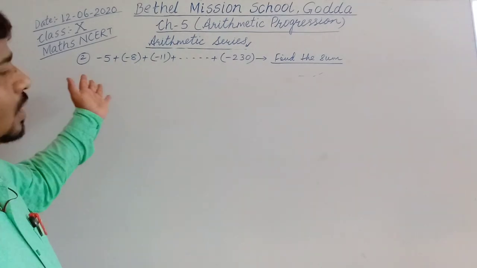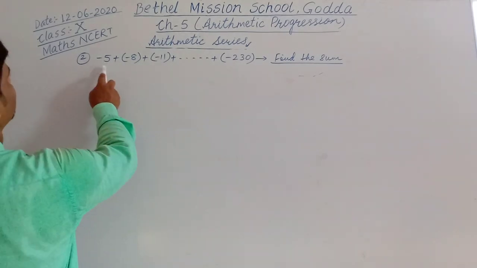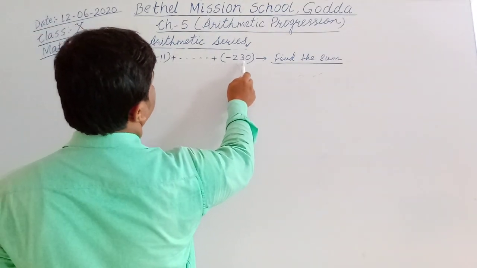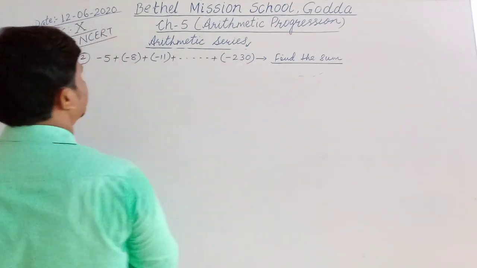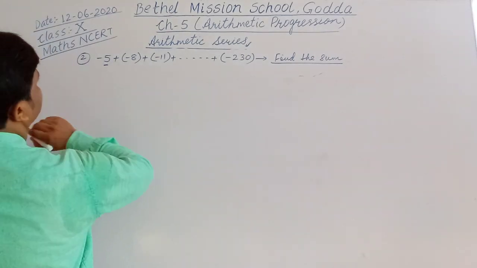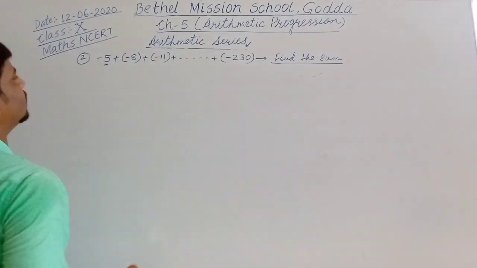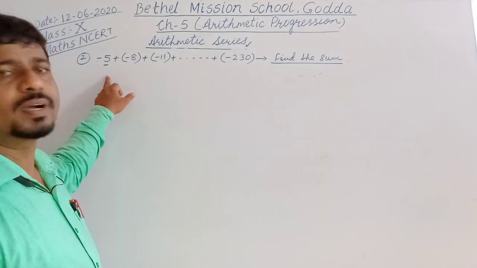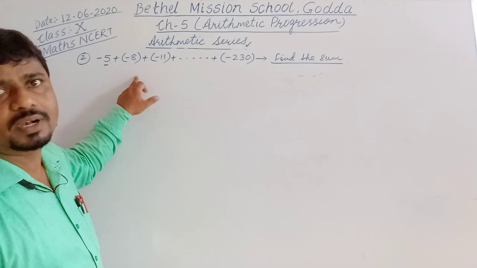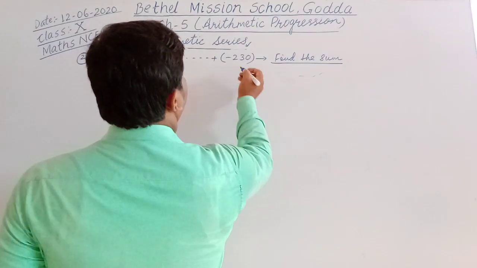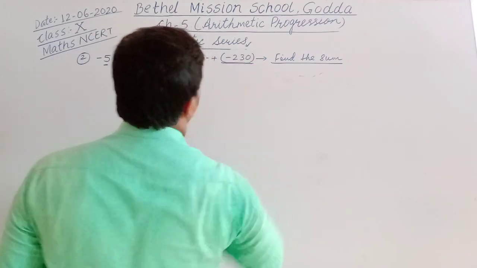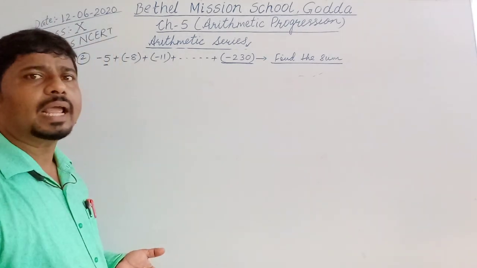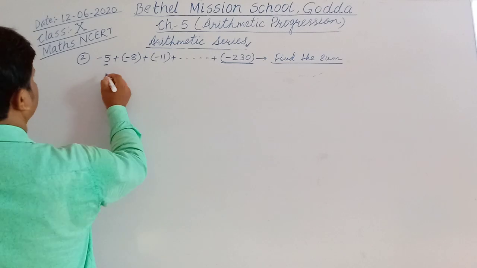See another example. -5 plus -8 plus -11 plus dot dot dot plus -230. Here the first term is given, and if the terms are in AP, then we can find the common difference. The first term and common difference are there, and this is the last term, which we call the nth term.